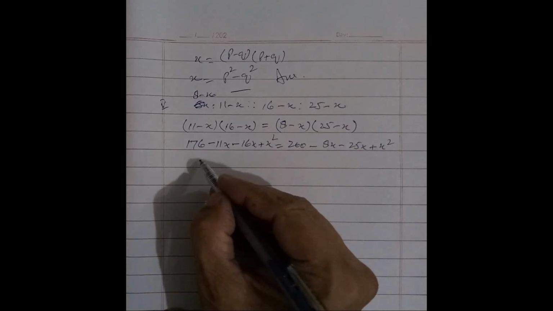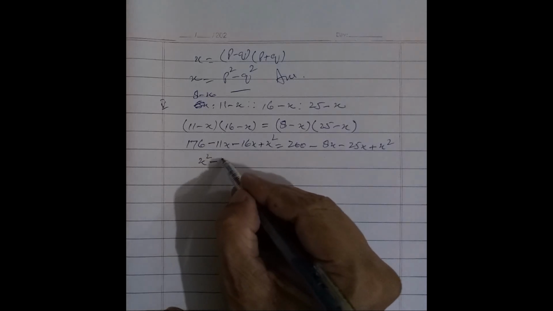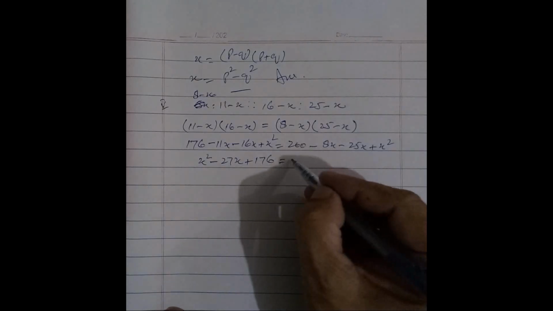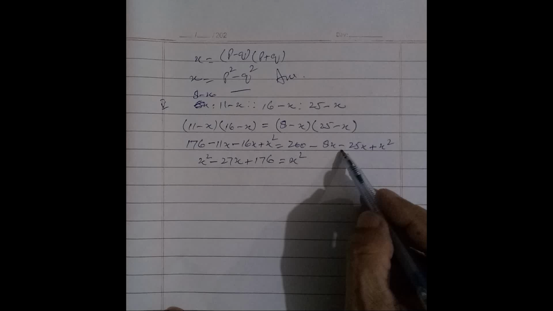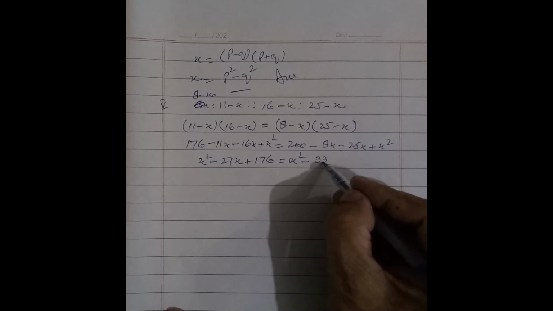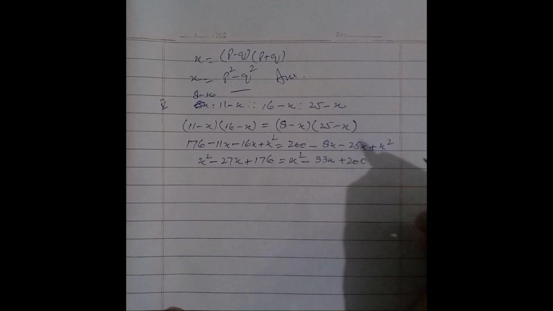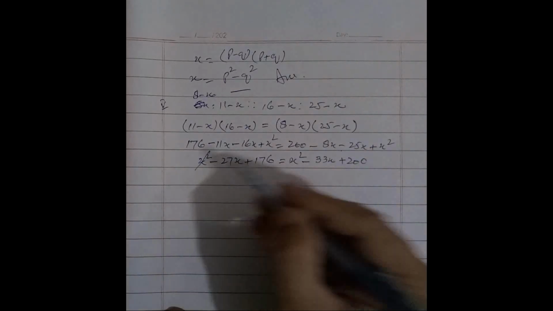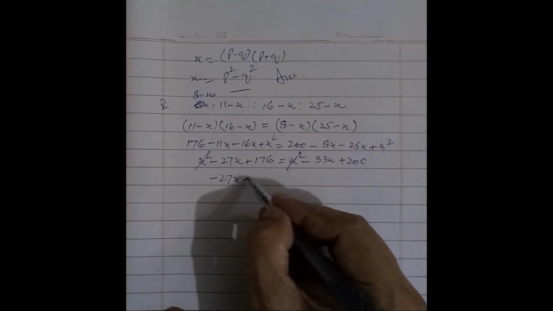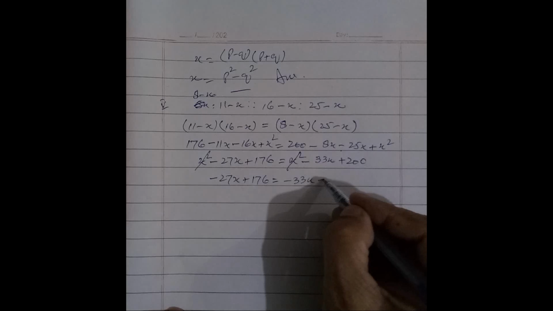Simplifying, we get x square minus 16 and minus 11, that is minus 27x plus 176, is equal to x square minus 25 and minus 8, we get minus 33x plus 200. This x square cancels with this x square and we get minus 27x plus 176 is equal to minus 33x plus 200.